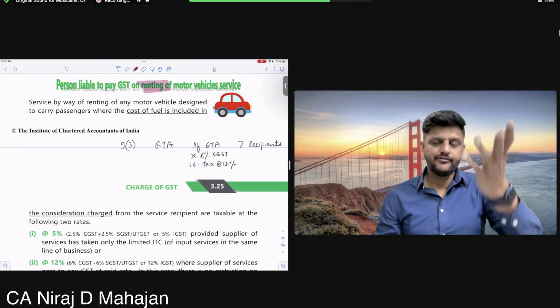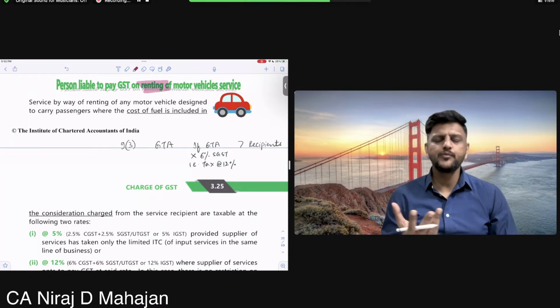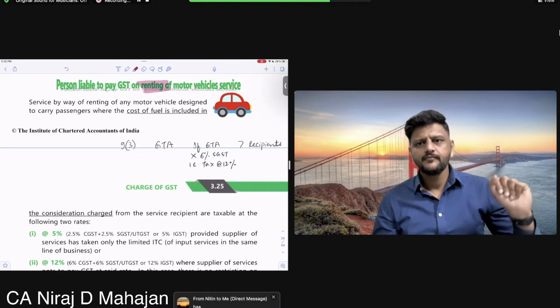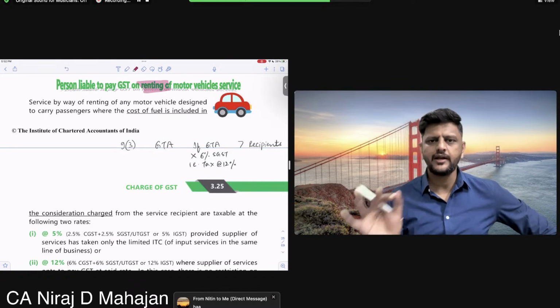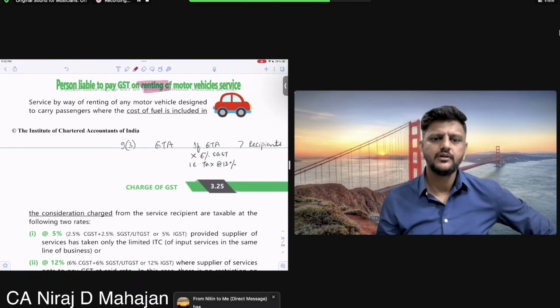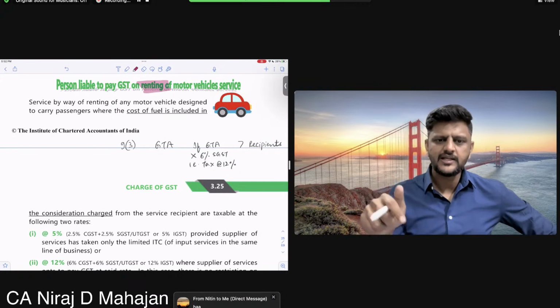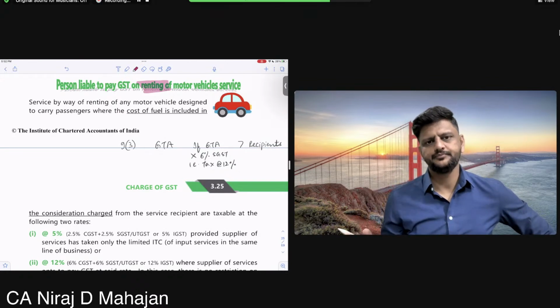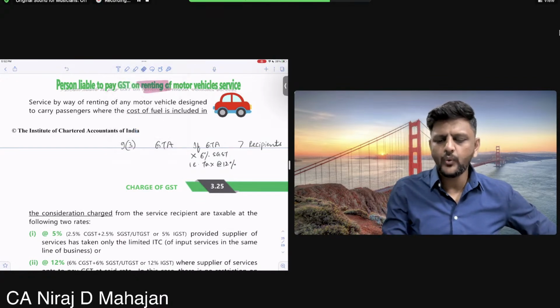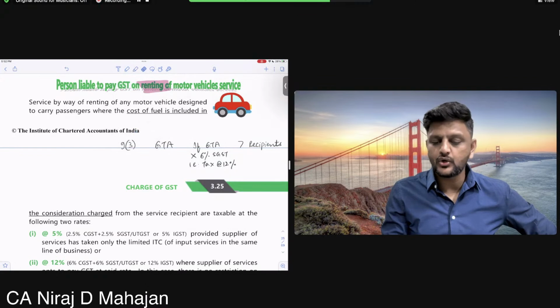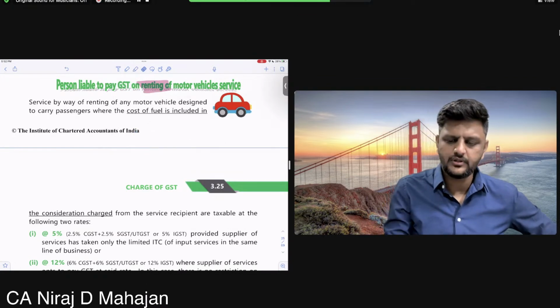If you take an Activa, 700 to 800 rupees per day. If you go to Jammu Kashmir and take a bullet, 1500 to 2000 rupees per day rent. Just rent; petrol and diesel you have to put yourself. Is that the example we are doing here? No, we are not doing that example, because here the consideration includes the cost of fuel.